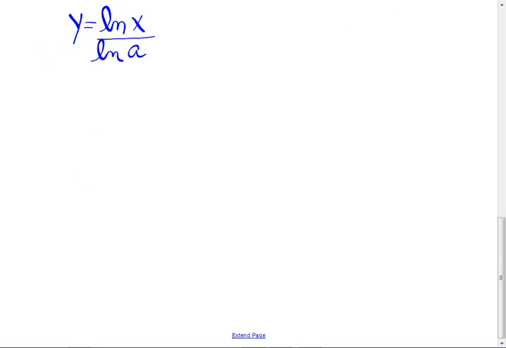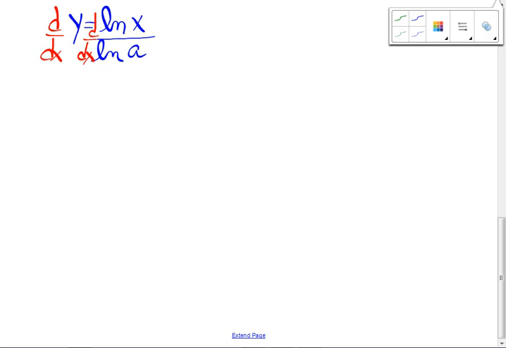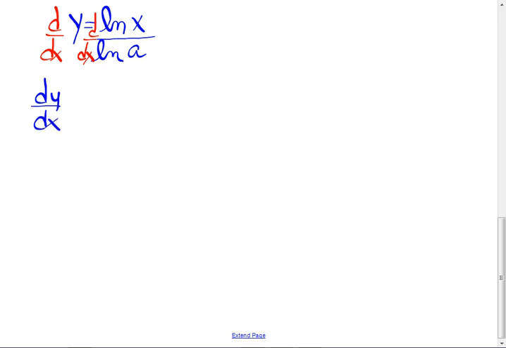So when I take the derivative of this, can I pull that log of a out? It's in the denominator, but I don't care. Can I pull that right through the operator? Or do I have to use the quotient rule? I can if you want me to. Whatever you want. Well, I don't want you to, I want you to understand I don't have to worry about that log of a.